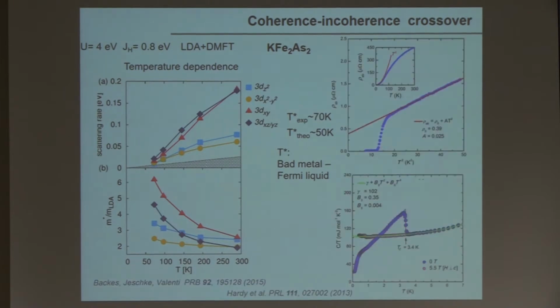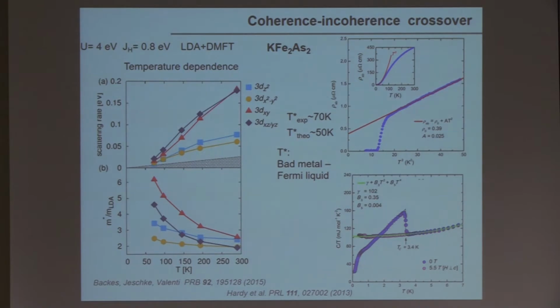And experimentally, this coherence-incoherence crossover has been measured, for instance, in resistivity and specific heat. So I'm showing here the resistivity from 0 to 300 Kelvin. Usually for Fermi liquid behavior, you expect that the resistivity goes like temperature squared. And you see here that at about 70 Kelvin, it deviates from this T squared.